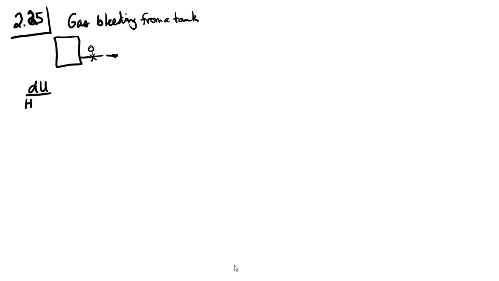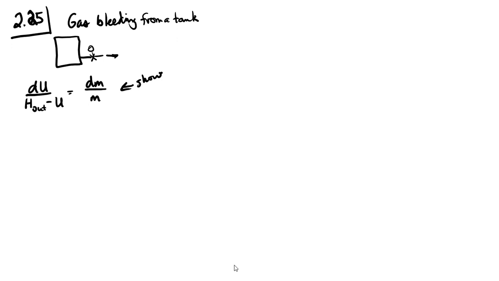I do not like using primes here because prime usually denotes to me a first derivative, just from my days of calculus, and I don't like you doing that. So I'm going to say H out. This is the enthalpy of our outlet stream, minus the internal energy, is equal to dm over m. This is what we want to show.